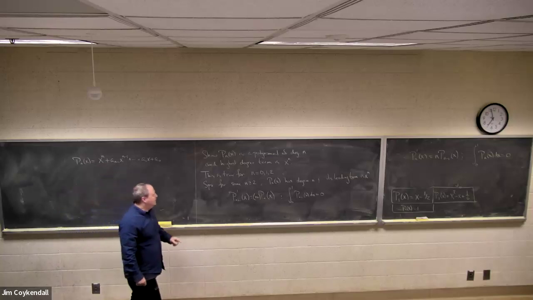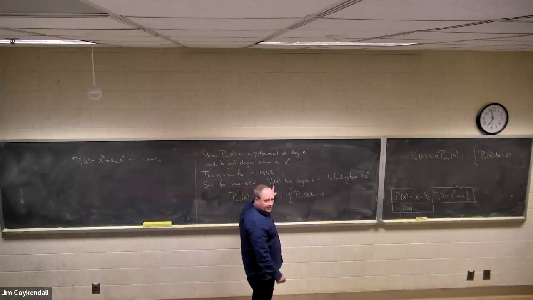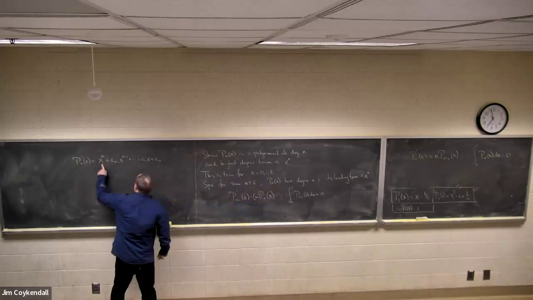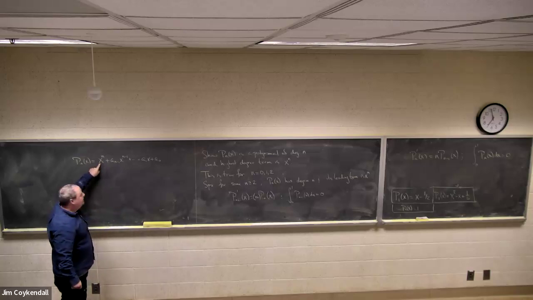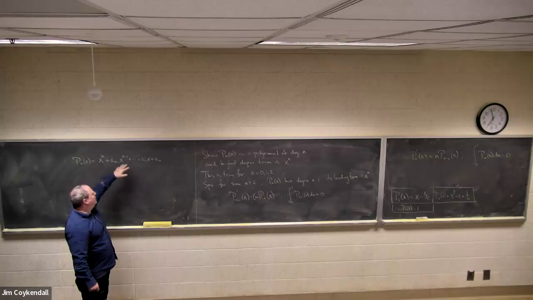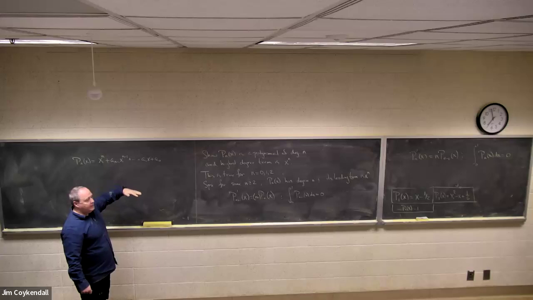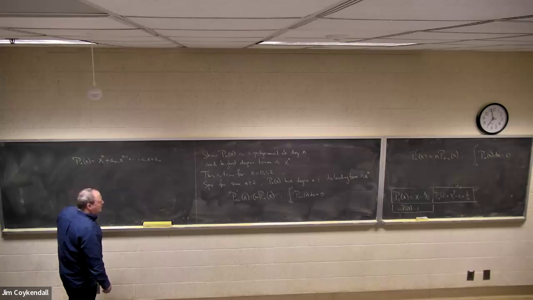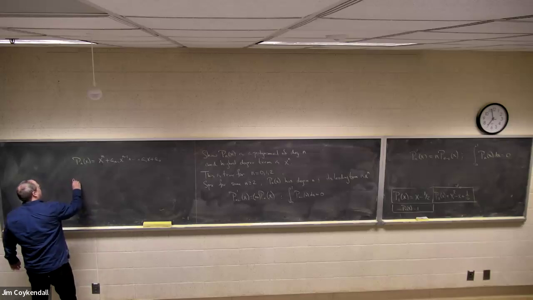What do I know about this? My inductive hypothesis is this guy has degree n. It's a polynomial, so I only see positive integer powers of x, not negative powers of x. And what other thing do I know from the inductive hypothesis? The coefficient of the leading term is 1. Well, let's multiply that by n plus 1.